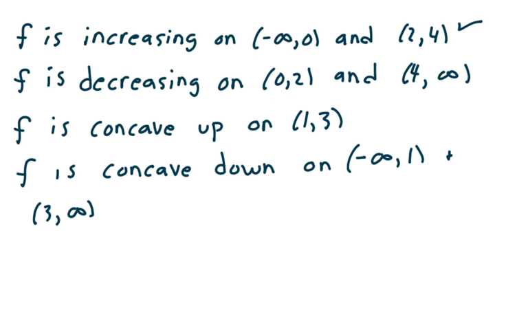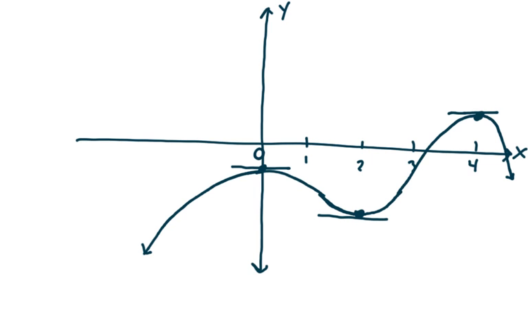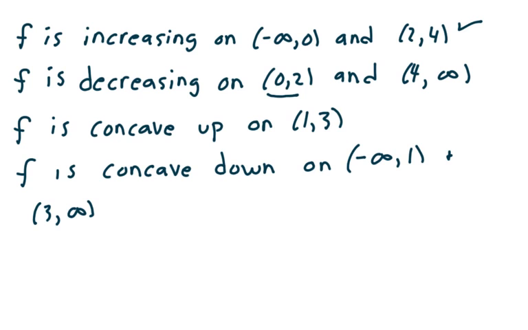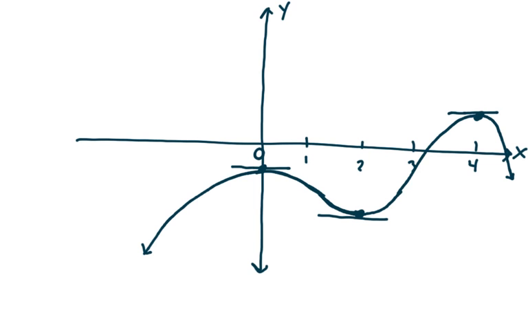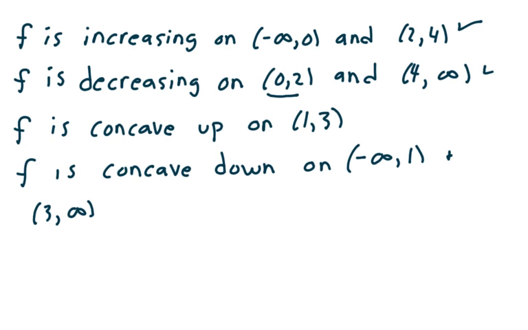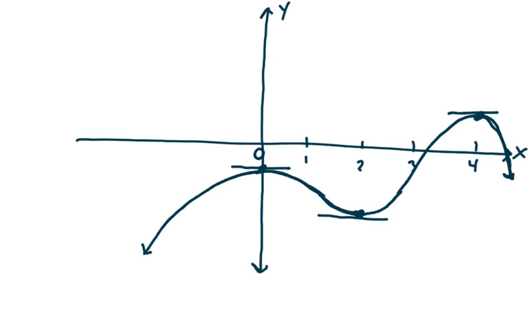F is decreasing on 0 to 2. So let's take a look. Certainly f is decreasing from 0 to 2. And let's come over here. F is decreasing on 4 to infinity. Well, yep, f is decreasing on 4 to infinity. So we're good on here. And f is concave up from 1 to 3.